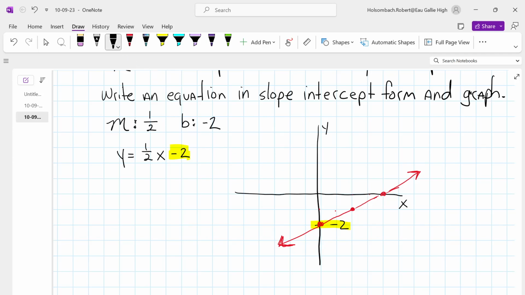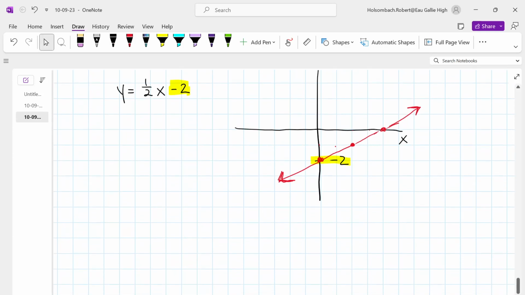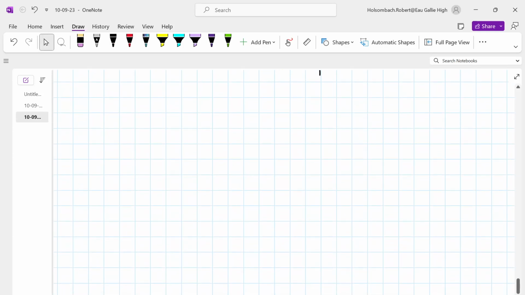Now, that's one way you'll be given the y-intercept. Another way will be like this. You'll be told that m is -3. And then you'll just be given a point like (0, 2).